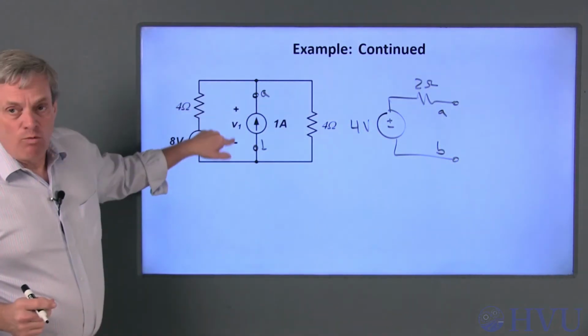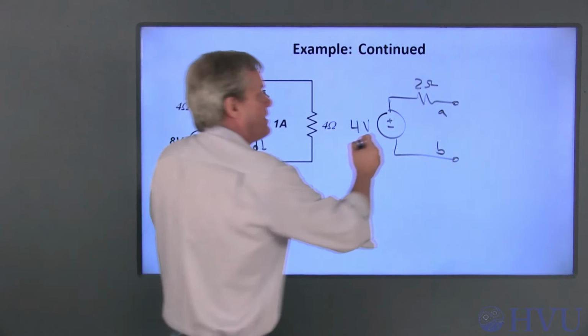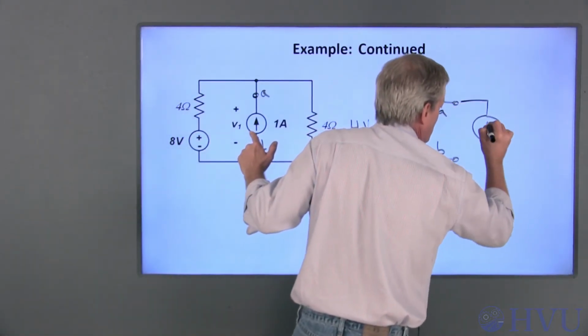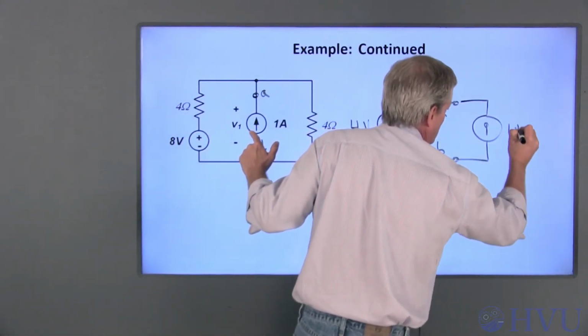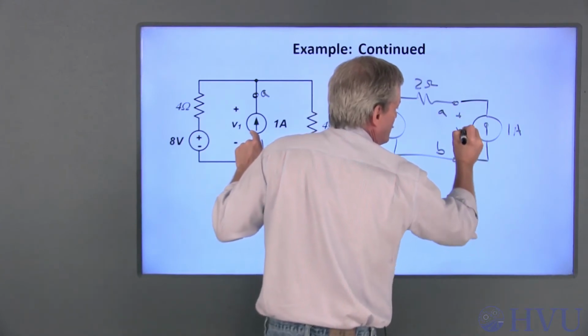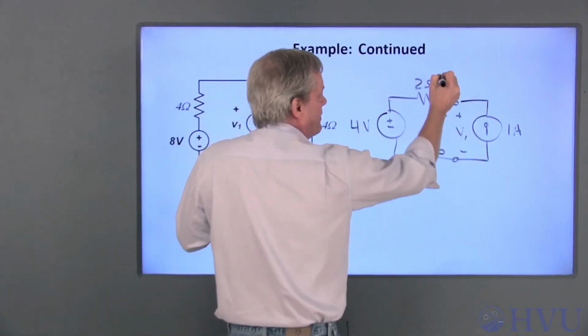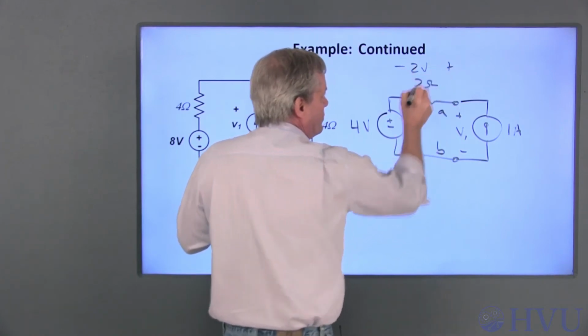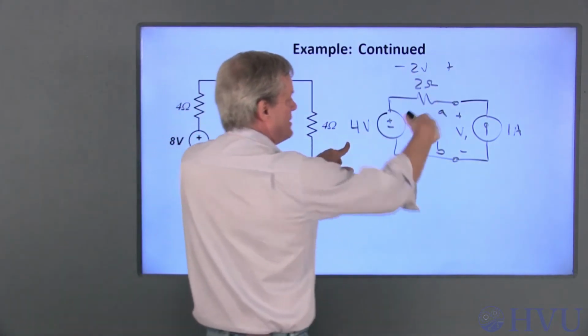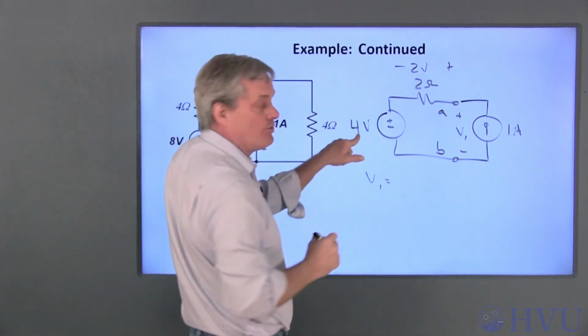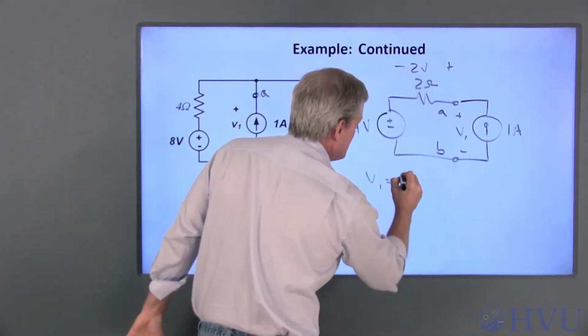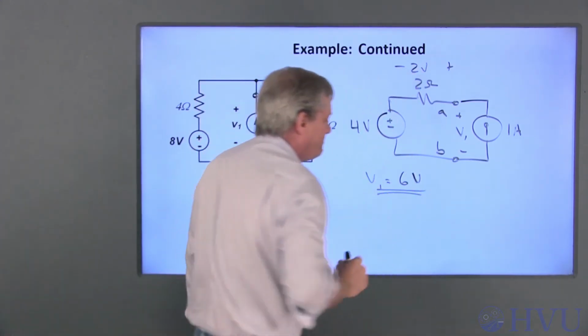If I want to find V1 with the current source in place, I connect that current source across these terminals and calculate the voltage here. If 1 amp is going in here, that means that this voltage is 2 volts. Then KVL says that V1 is equal to 4 volts plus 2 volts, which is 6 volts.